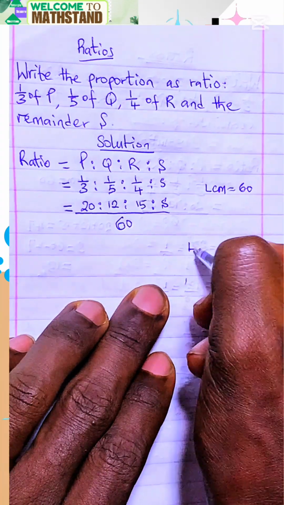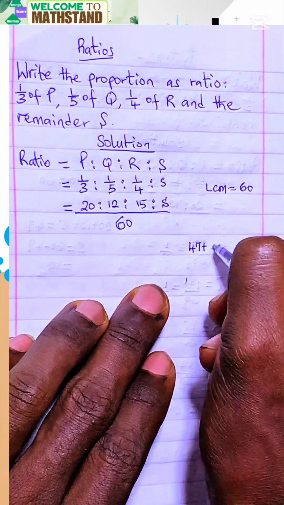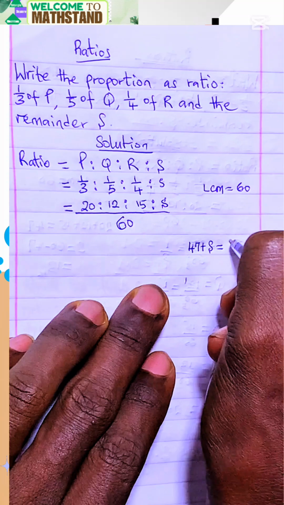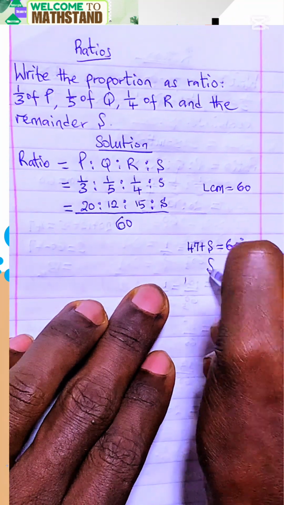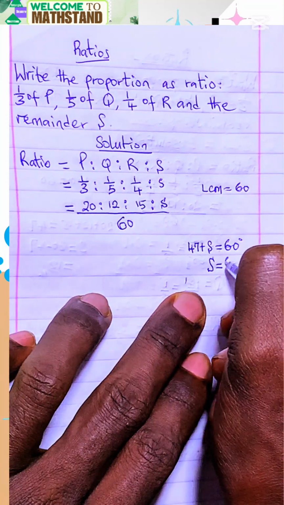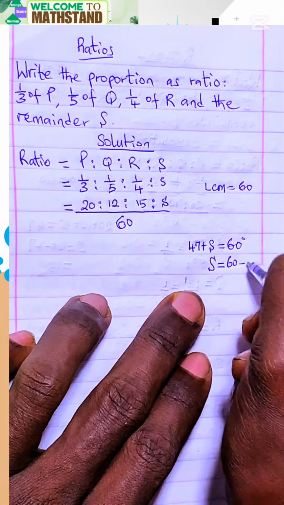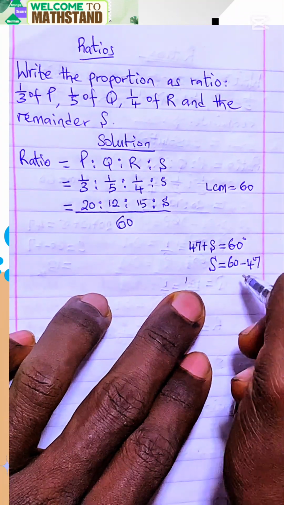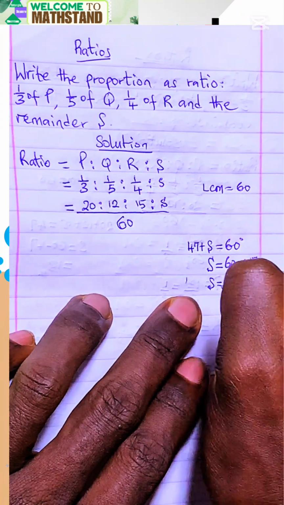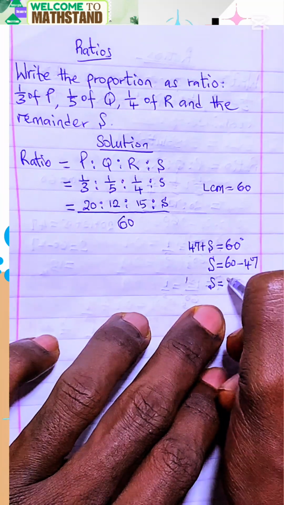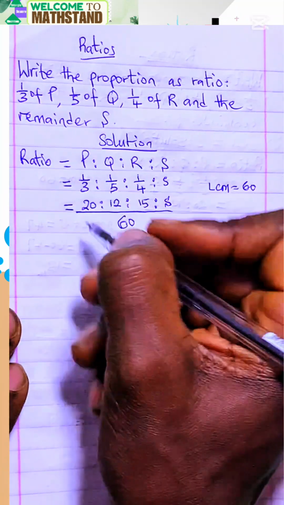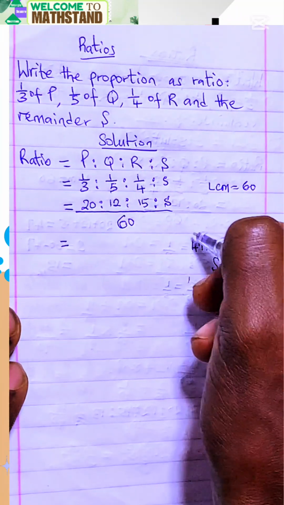So 47 plus S will give us 60. So therefore S will be 60 minus 47. And if we subtract that very well, we have S to be equal to what? 13.